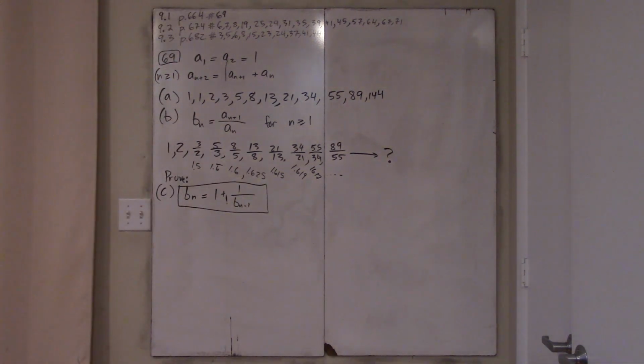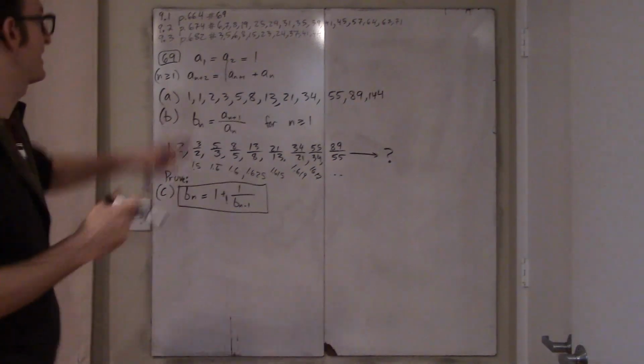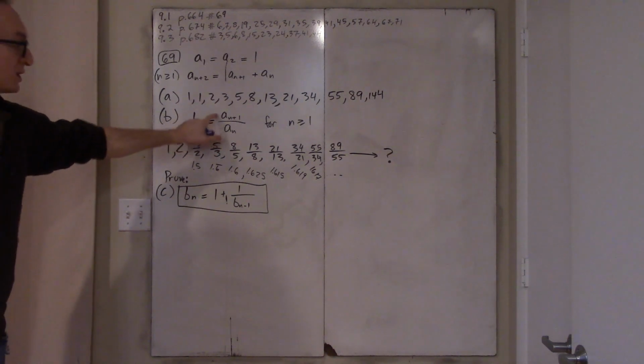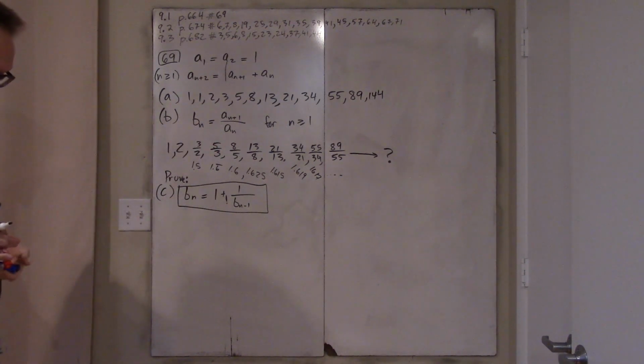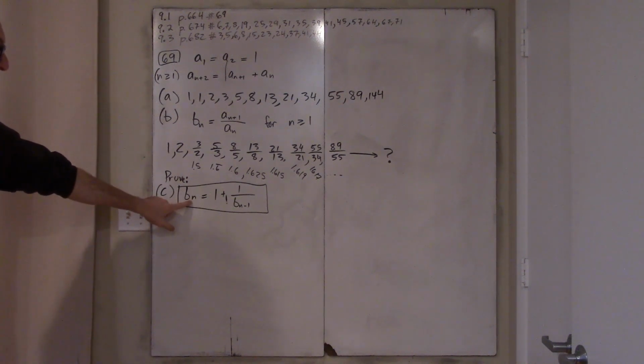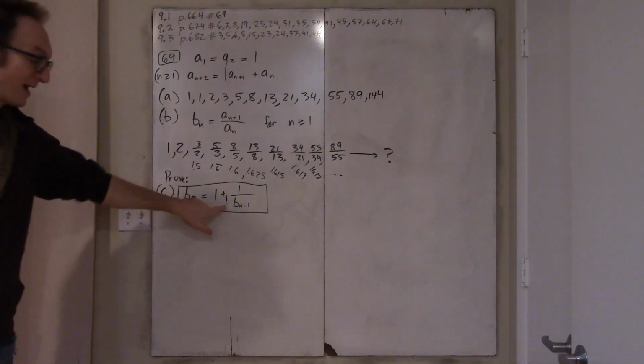In other words, just to clarify, we have defined the Fibonacci sequence, and we've defined this B sequence as the ratio between terms of the Fibonacci sequence. And now we are going to prove something which is not obvious at first at all, that the terms of the B sequence follow this pattern.